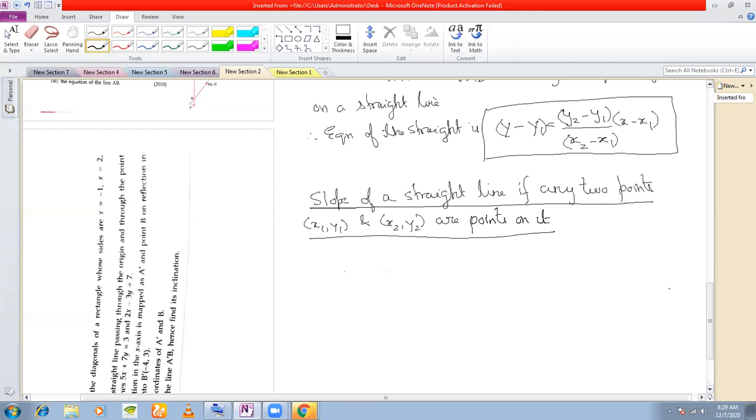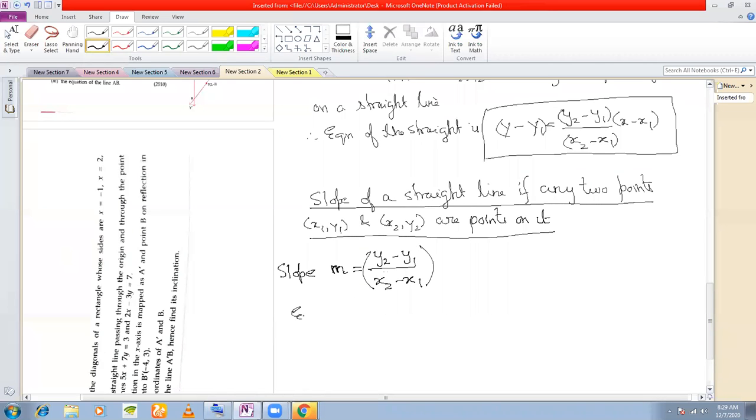You necessarily don't need the inclination. Okay. And what is the formula for this? That if x1 y1 and x2 y2 be any 2 points on the straight line, then the slope m of the straight line is y2 minus y1 by x2 minus x1. Understood? This is the slope of a straight line.